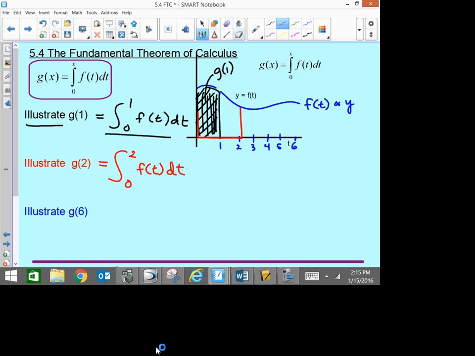So that's all this piece. The red is g of 2. And then the g of 6 is going to be in blue. And the g of 6 is going to be from here to here, all of this.